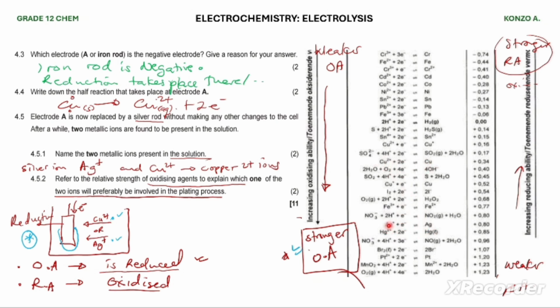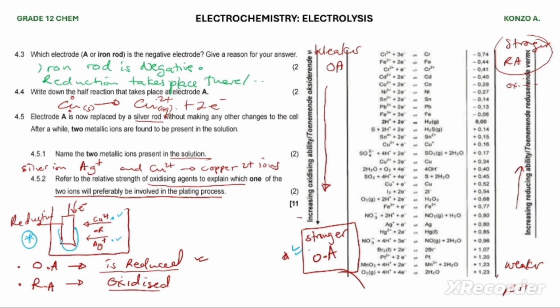So between these two, copper is a much weaker oxidizing agent and silver is a much stronger oxidizing agent. So that means we expect silver to be oxidized more or better than copper. So as long as these two are still present in this electrolyte, we are always going to oxidize silver ahead of copper. I hope that makes sense.